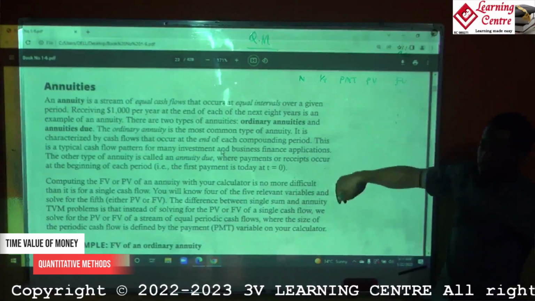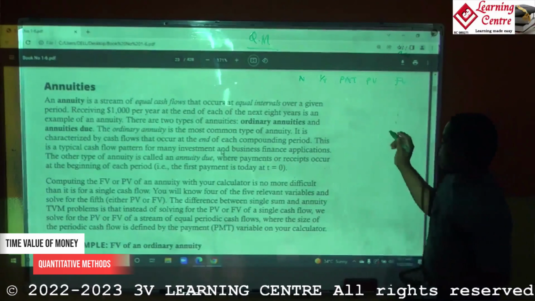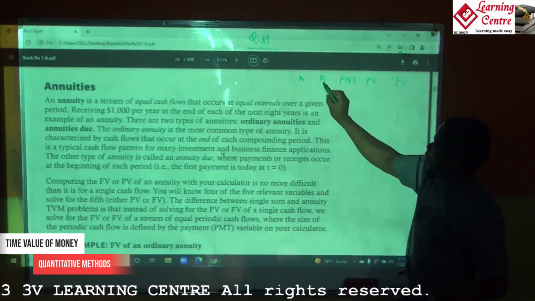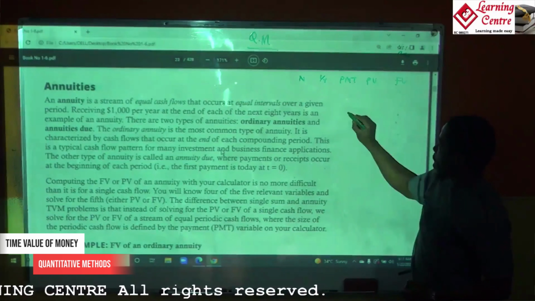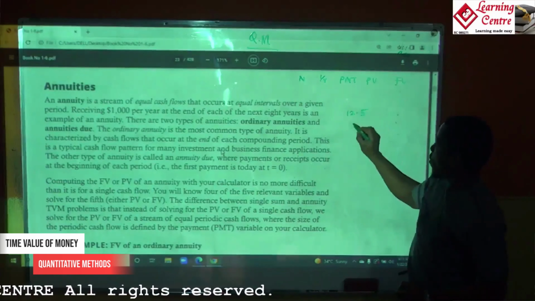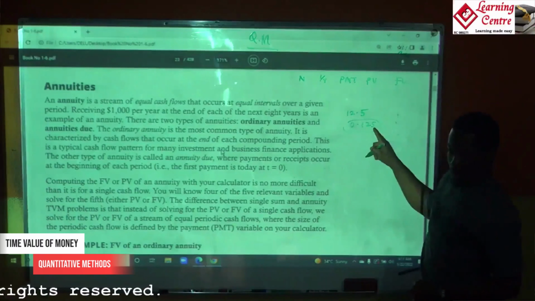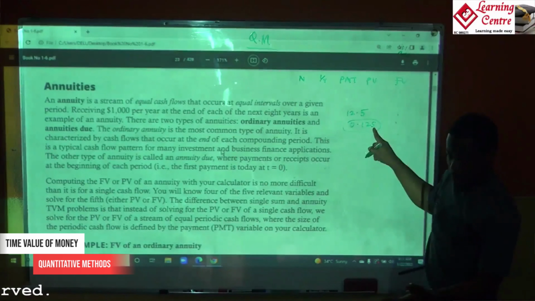Now when you're entering the value into your calculator, 50 divided by 4 is what? 12.5, right? So if you are to enter interest rate of 12.5 into your calculator, how should you enter it? Should you enter it as 12.5 or 0.125? This is 12.5%. And interest rate is usually stated as percentage.